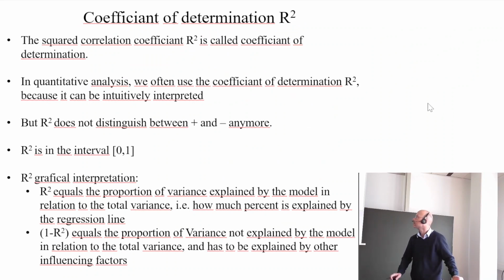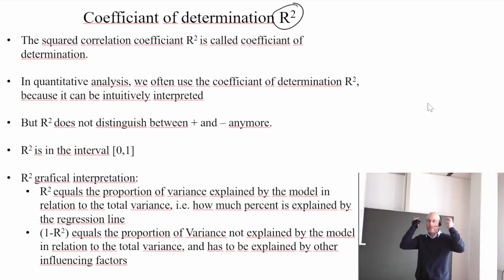Then some properties of the coefficient of determination, because quite often in statistics we are not interested in R, but we are interested just in r squared. But be careful, if we take r squared, the coefficient of determination, then the information from the plus minus sign of our number is vanishing.